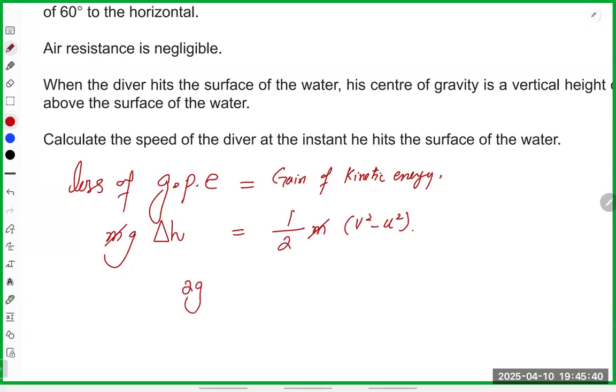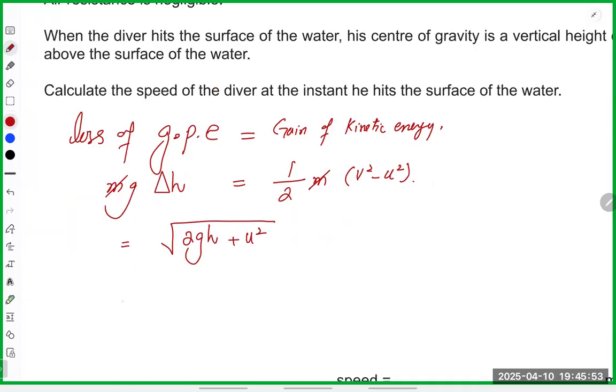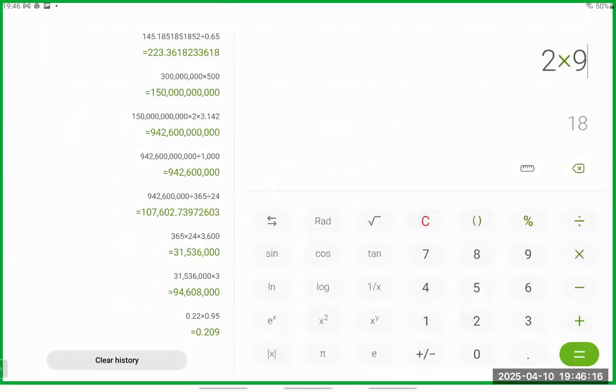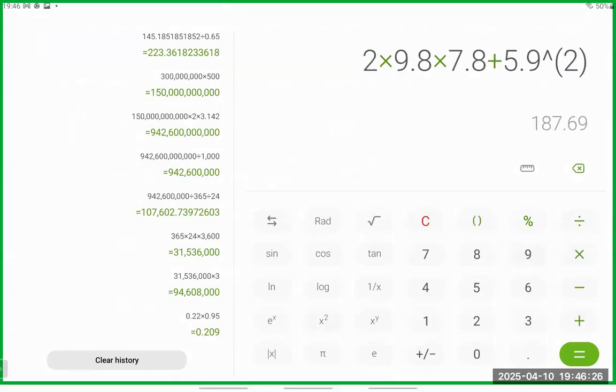So square root of 2gh plus u squared. It is going to be 2 into 9.8 into 7.8 plus 5.9 squared. 2 into 9.8 into 7.8 plus what was the value? 5.9 squared.